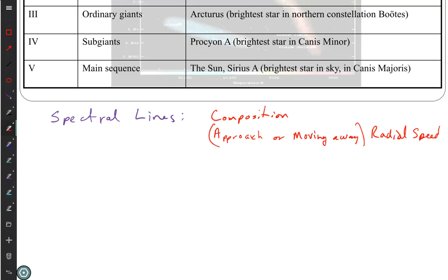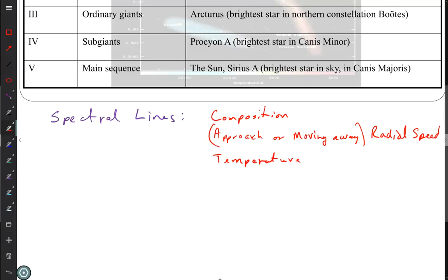Like the hottest to coldest, the classification. We can determine the temperature from those spectral lines, which is why we call them the spectral classes, or spectral types, excuse me.